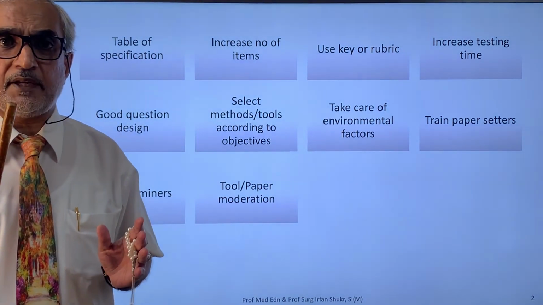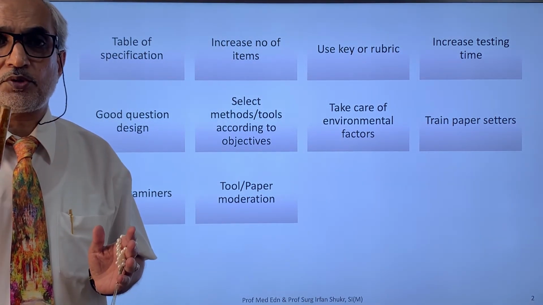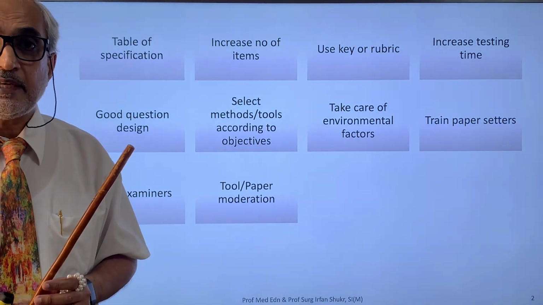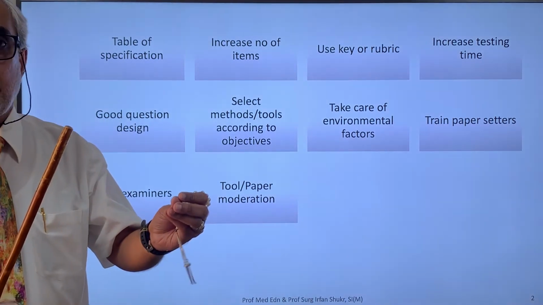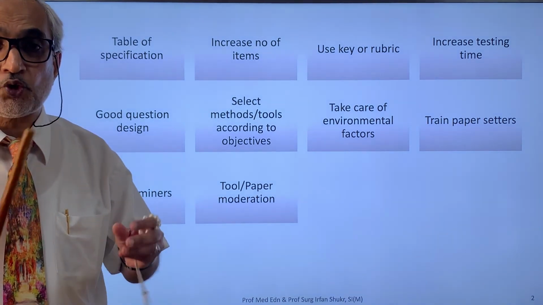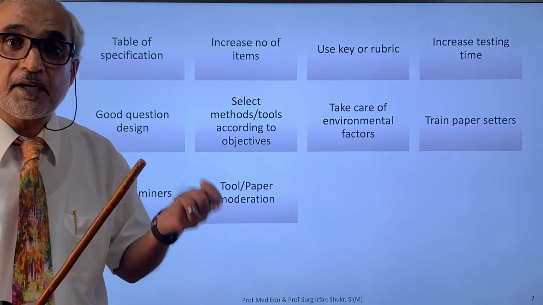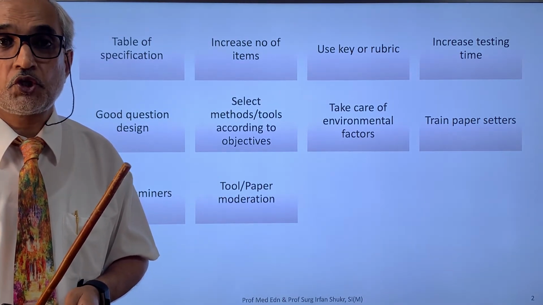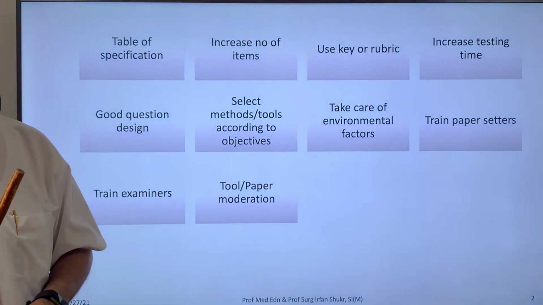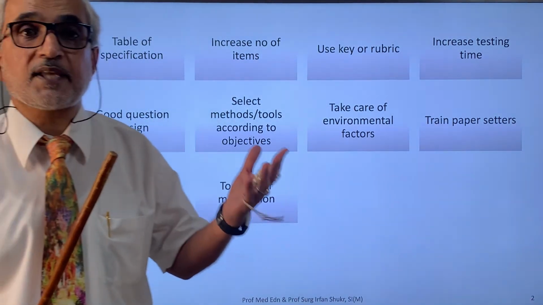Whatever paper has been made, whatever tool has been used, once that has been made, then independently it should be moderated, including those who have made the paper plus a person from the Department of Medical Education. Because usually when a paper is made, it is made by minimum 2 examiners.